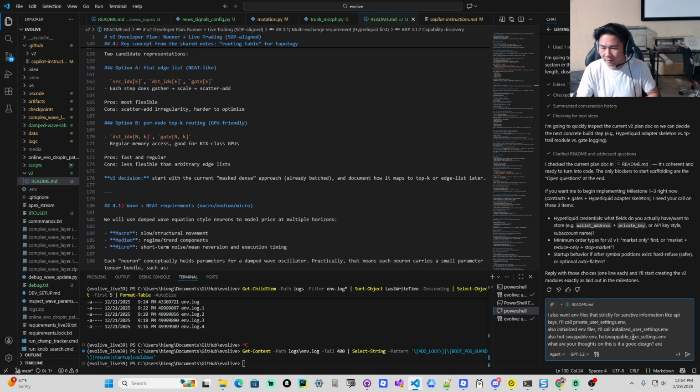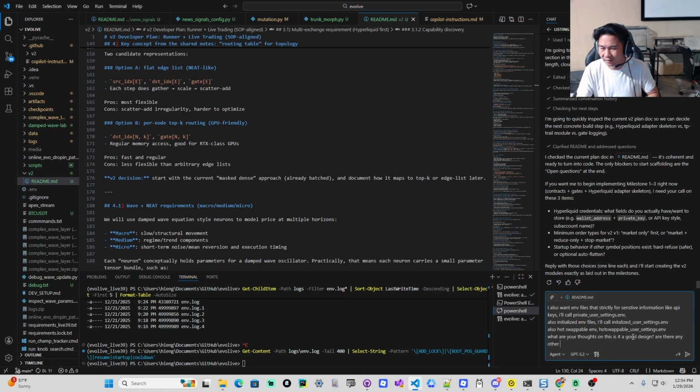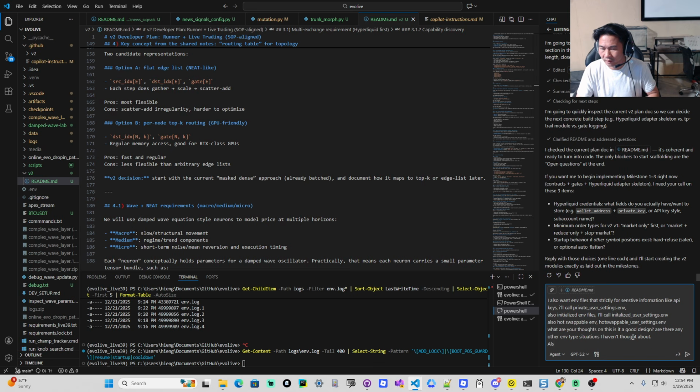And then, are there any other env type situations I haven't thought about? Also, should we start storing price data in a database that is reusable?